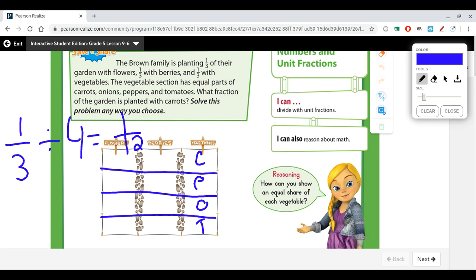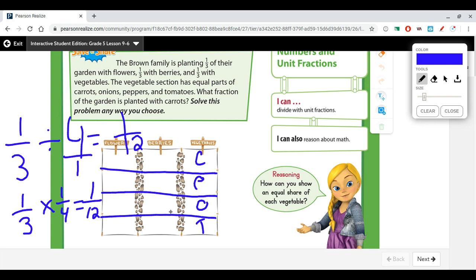If I do this with the keep change flip, remember that 1/3 stays at 1/3, and then I'm going to multiply this by, remember I write the 4 over 1, so it's going to become 1/4, and then I just multiply straight across. 1 times 1 is equal to 1, 3 times 4 is equal to 12, and so that will be where I find my answer is going to be 1/12.